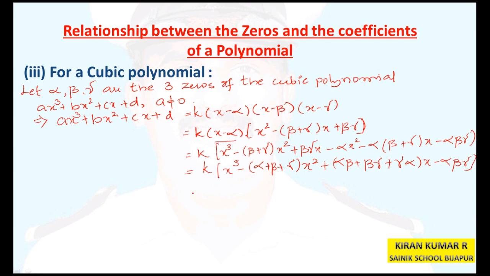I can now multiply this value of k. I'll get kx cube minus k times alpha plus beta plus gamma times x square plus k times alpha beta plus beta gamma plus alpha gamma times x minus k times alpha beta gamma.